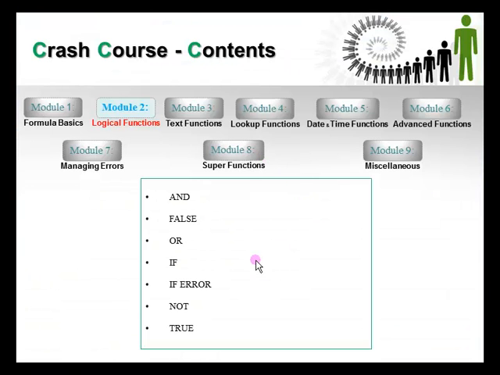Basically, these functions are very small, but how do we use them at an advanced level? A combination of formulas makes it more interesting. If I explain a simple AND function, it is very easy, and you can say there is nothing more to learn.